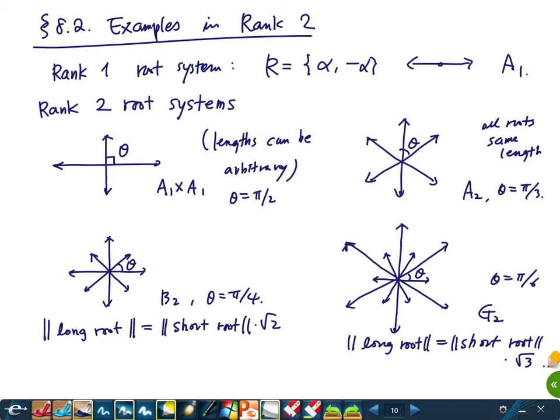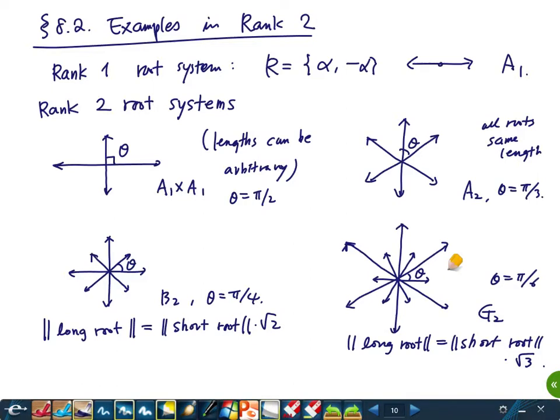So it's possible that we have two different lengths, but there are at most two possible lengths. So we always have short roots and long roots. They may coincide like in type A2, where they all have the same length, but otherwise the ratio is fixed, like square root of 2 or square root of 3.